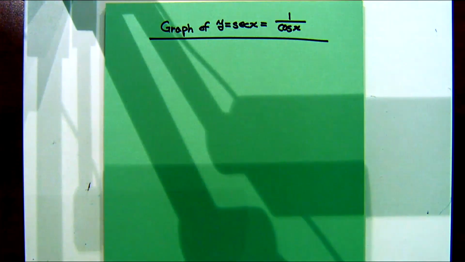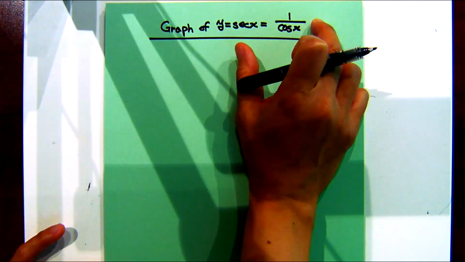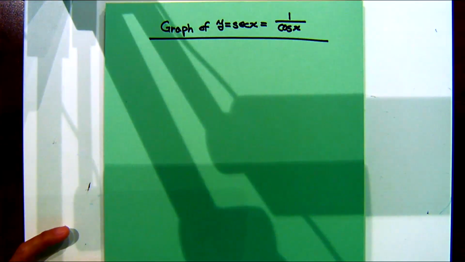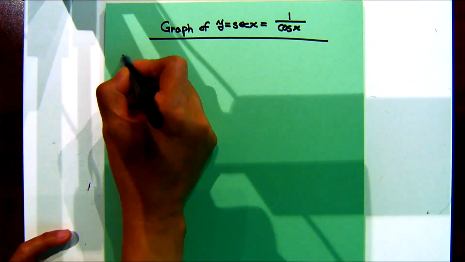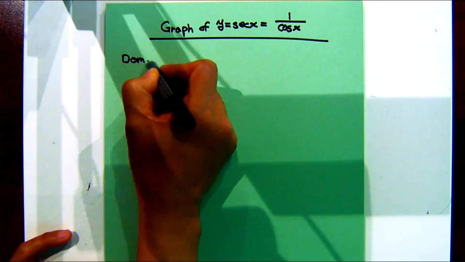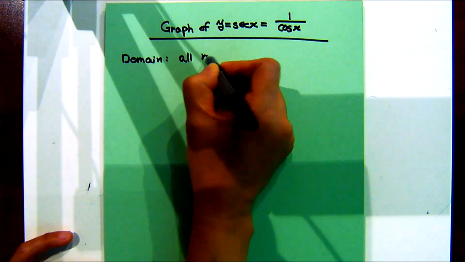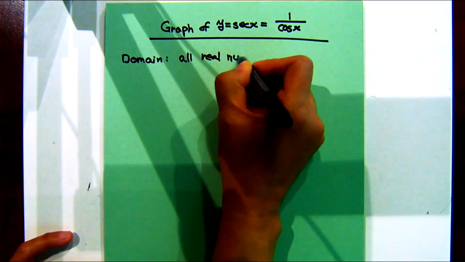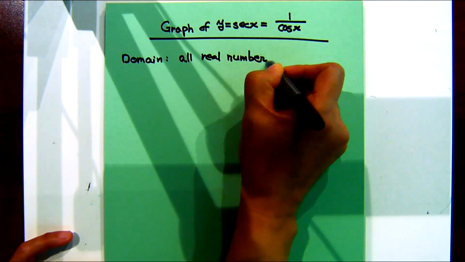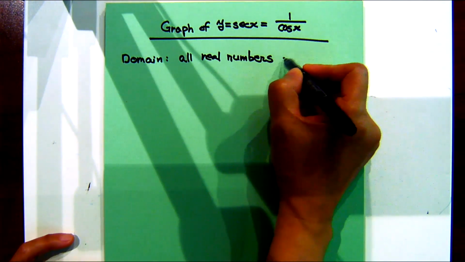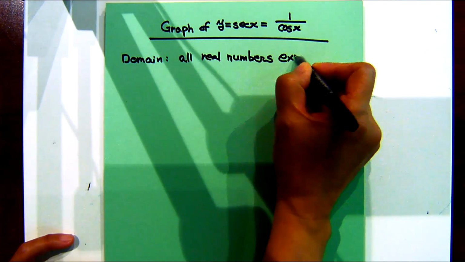Secant of x is defined as 1 over cosine of x. So whenever cosine of x becomes 0, this fraction will be undefined and the secant value will not be defined there. So the domain will be all real numbers except where the cosine value becomes 0.